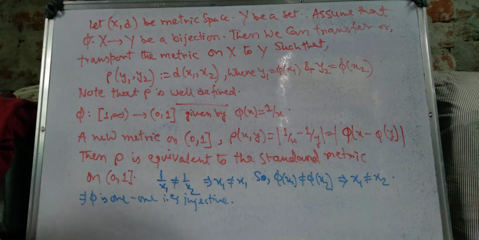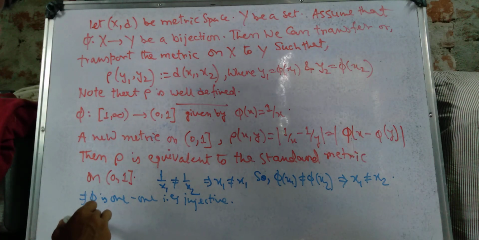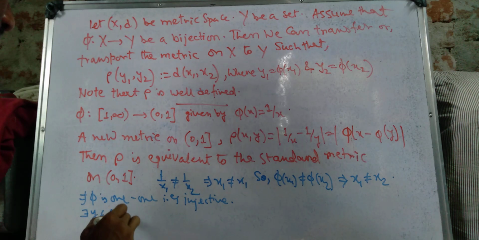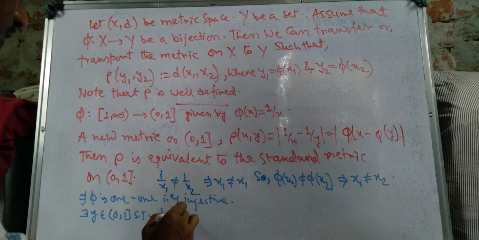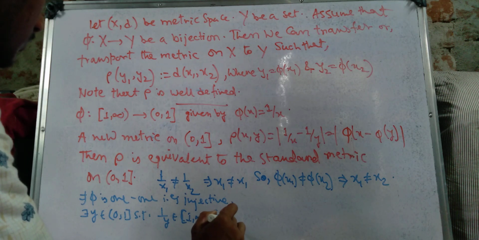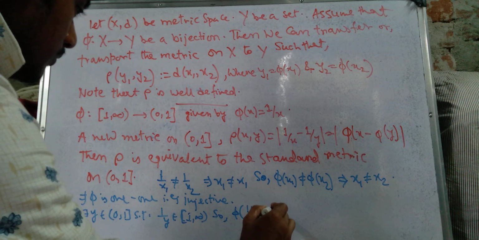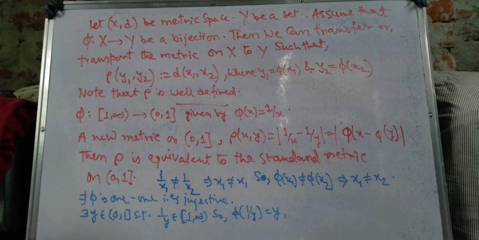And obviously there exists y belongs to (0, 1) such that 1 by y belongs to (1, infinity). So phi of 1 by y equal to y.